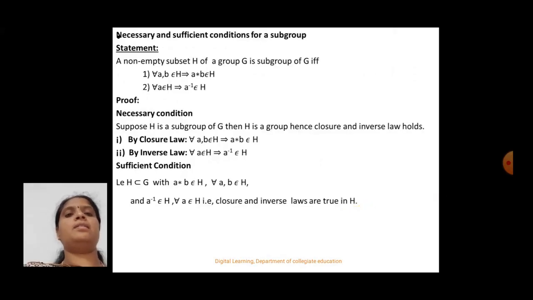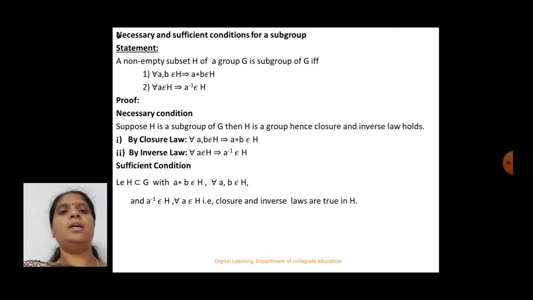Next, the important concept is the necessary and sufficient condition for a subgroup. The statement: a non-empty subset H of a group G is a subgroup of G if and only if, for all a, b belonging to H, a star b belongs to H, and second, for all a belonging to H, a inverse belongs to H. We have to prove it for these two conditions, and remember that it is an if and only if condition.